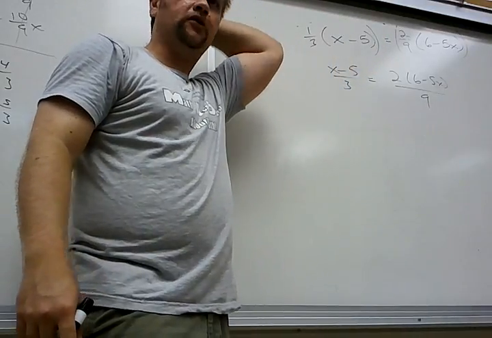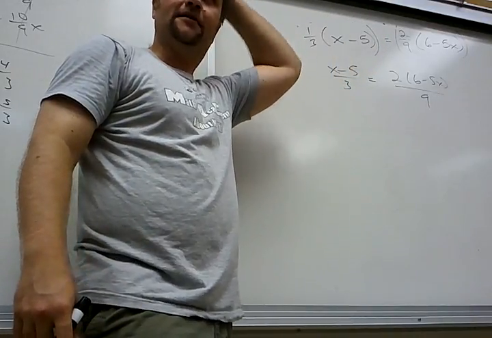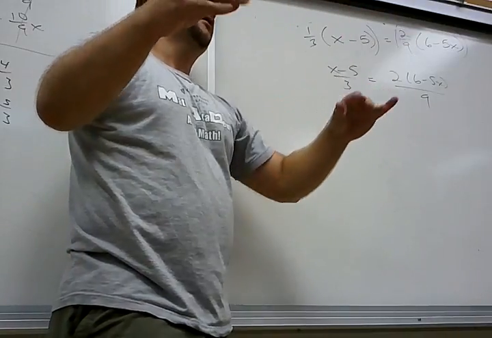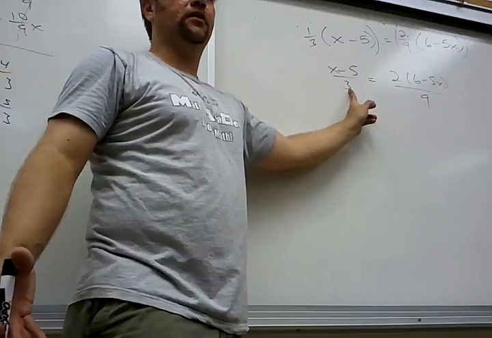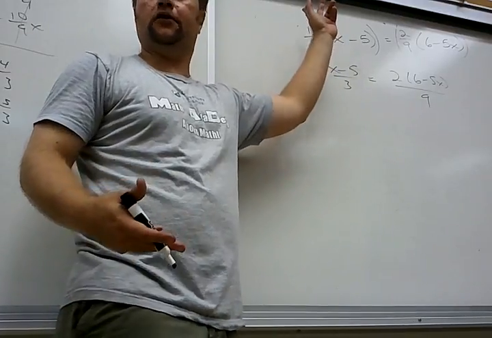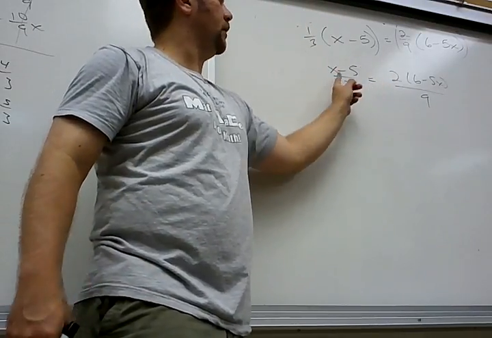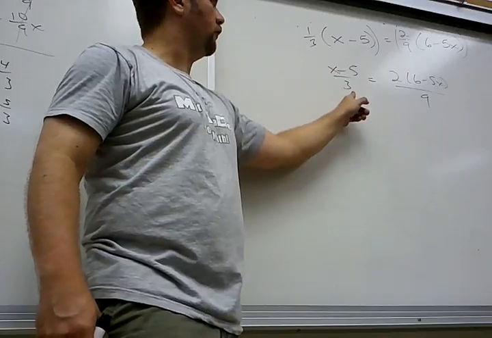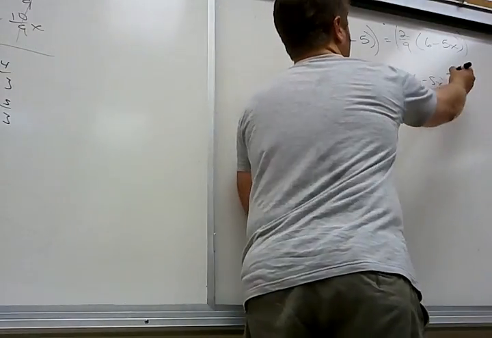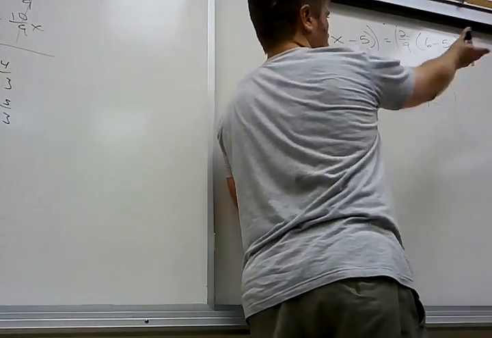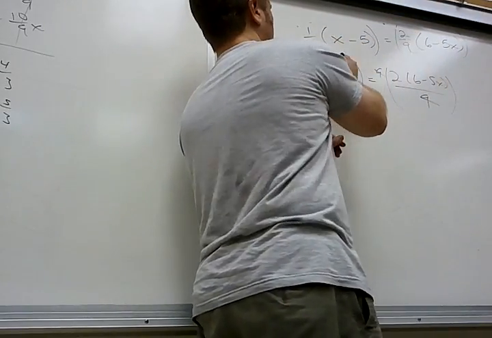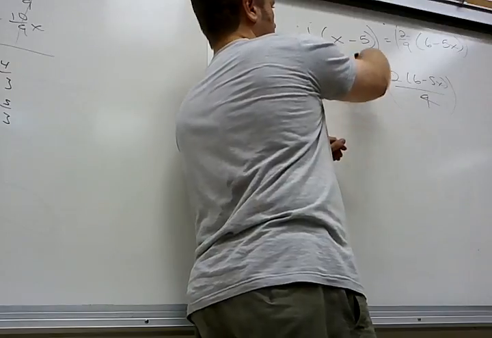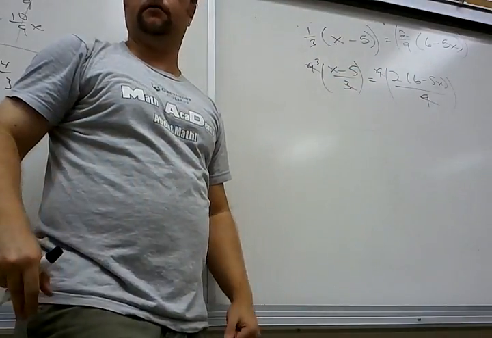Cross multiply. Do you guys remember cross multiply? Or multiply by 9 to kill this, and in the process you end up killing the 3, which is what I did in the first place. It's just maybe a little bit easier to look at when you see this. There really is just one fraction. That's why when I multiply by 9, it's gone. Over here when I multiply by 9, you get a 3 left, and then I can distribute that 3 through. Do you guys see that?